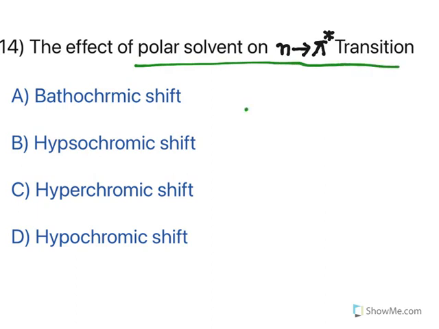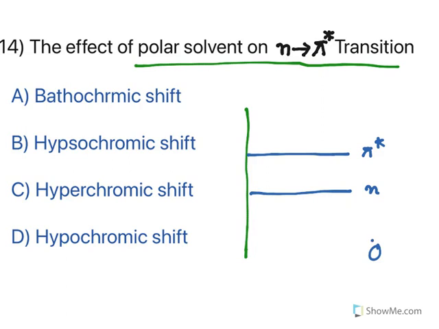Now imagine lone pair of electrons are here and antibonding pi orbitals are here. This is what is there. Now lone pair of electrons, you know, on oxygen and nitrogen you have electrons like this. Now when you use a polar solvent, what happens is, because of these electrons, the polar solvent will stabilize these electrons.